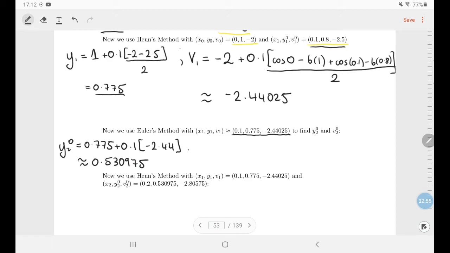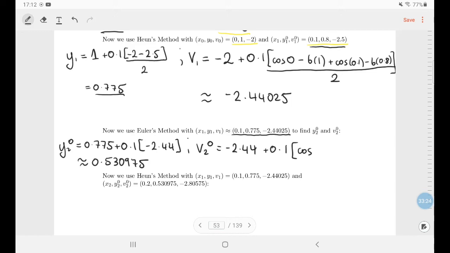Okay, and then the v predictor is equal to the previous v value, which is in this bracket, the minus 2.44. Now I'm only going to write that, but in the calculation I'm going to use more of it. Plus 0.1 times the previous slope. Now the slope of v is cos of x. Now at this point, we started at x equal to 0, then we went to x equal to 0.1, and now we're looking to 0.2.